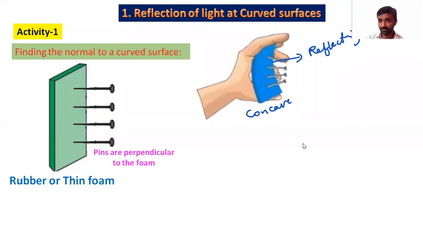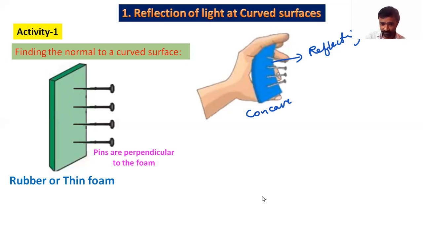If I bend in the reverse direction, which mirror will you get? Before that, here I am drawing the line exactly along the pin, as you see here. I am drawing a straight line, right? So why, I will tell you.